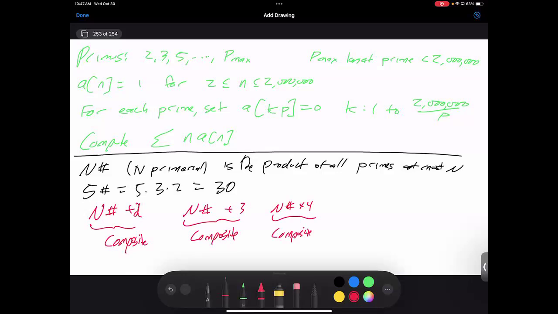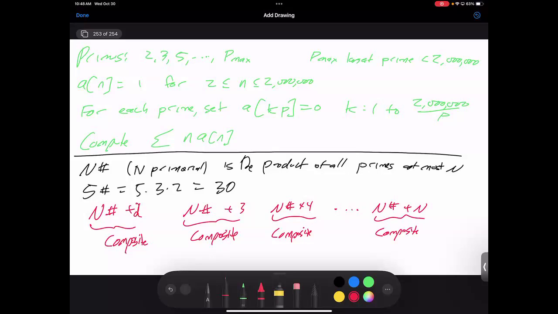Yes. And so how high can we go and still have a composite number? Or sorry, can we go to n primorial plus n? Will that still be composite? Because if n is prime, great. If n is not prime, it's going to be divisible by a prime less than n, which would then divide n primorial.